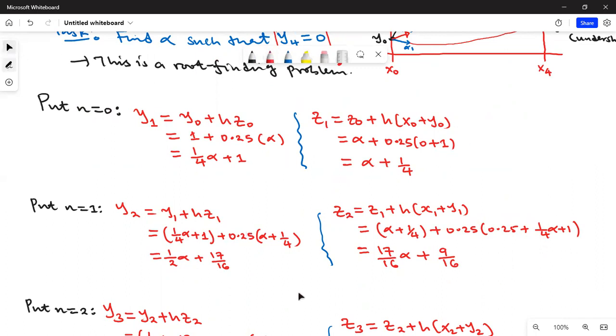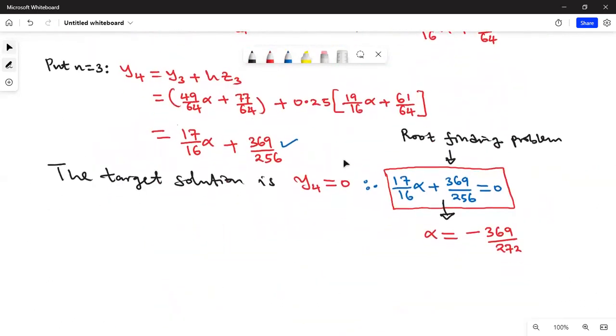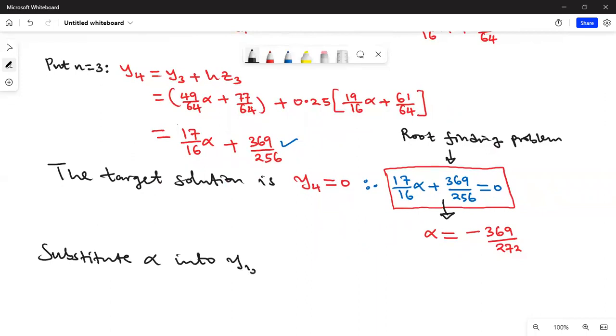So we now substitute alpha into y1, y2, and y3. What are we going to get?